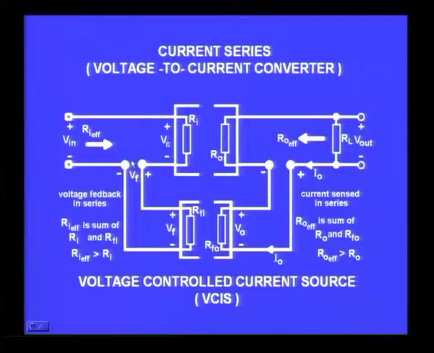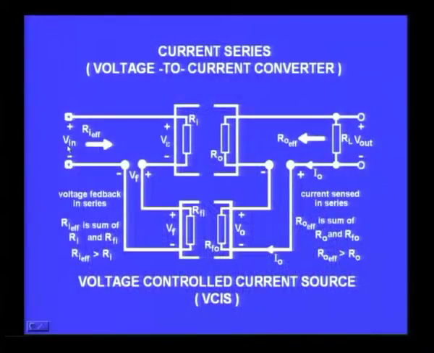We are giving the feedback voltage in series with the terminals, and therefore the effect is to reduce the effective input voltage connected to the amplifier, and therefore this will increase the effective input resistance, because here also it is coming in series, and when I connect 2 resistors in series, the effective resistance should be larger. Therefore resistance is increased at the input, and resistance is also increased at the output.